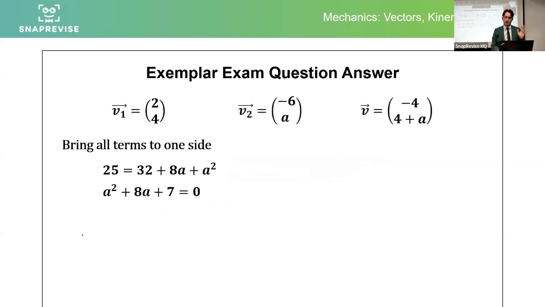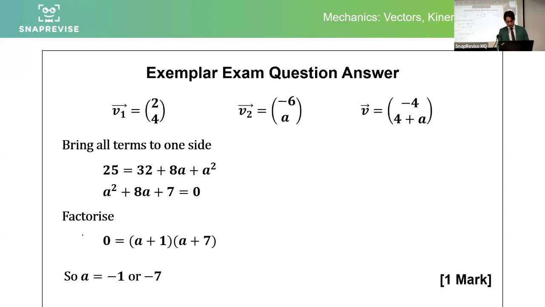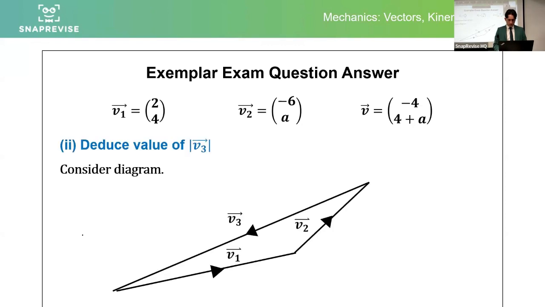Bring it all to one side, create a quadratic. There aren't going to be big marks for solving a quadratic because your calculators can do it. But let's have a little look. So if we do that, it does factorize nicely, and A could be equal to -1 or -7. Okay.